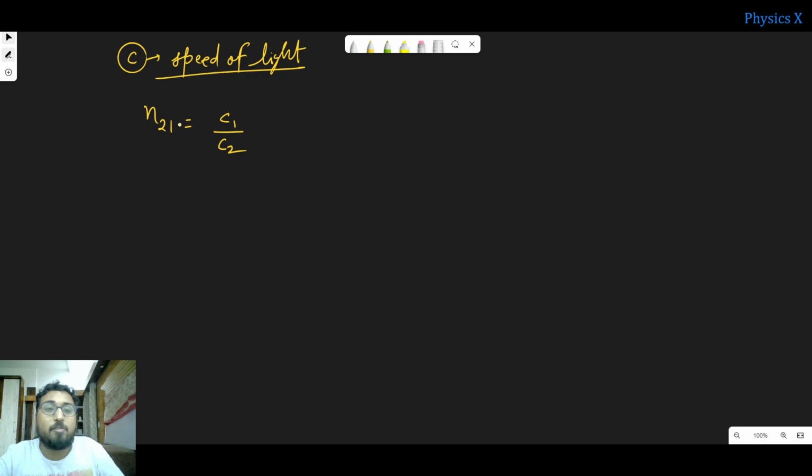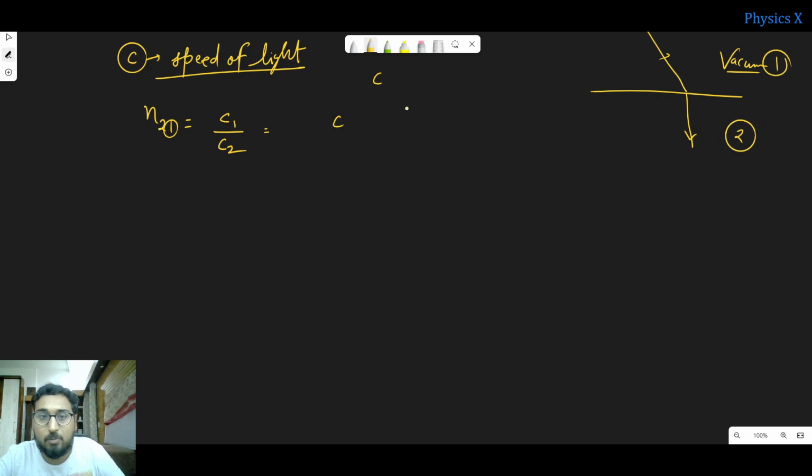Now suppose I am taking the first medium as air, or for accuracy, as vacuum. In vacuum the speed of light is c, which is 3 into 10 to the power 8 meters per second, and it is traveling to some denser medium, so it will bend towards the normal. This is your medium 2, and medium 1 is vacuum. Now this is c upon c2. Understood?